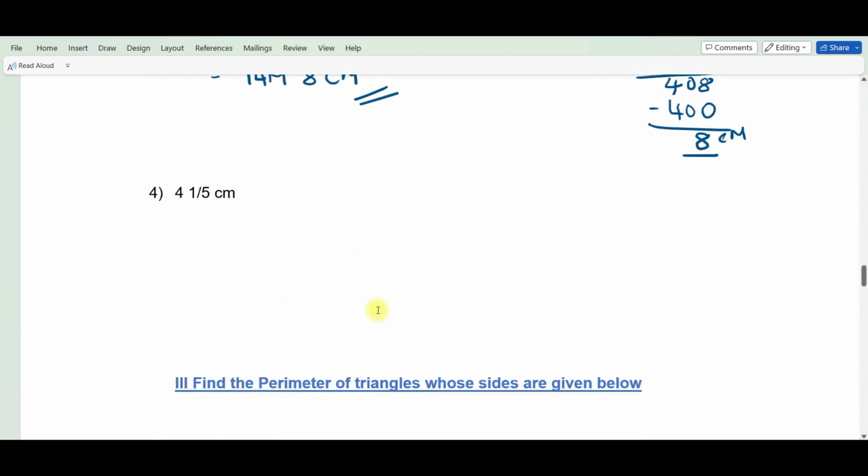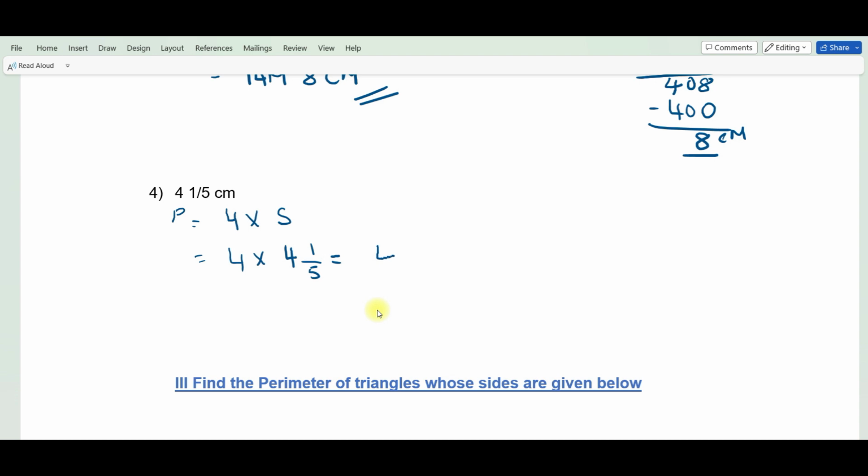Okay. And the last question is for the perimeter of a square. I have a mixed fraction here, so let us solve this now. I write perimeter equals 4 into s. Now I have 4 into 4 1 by 5.